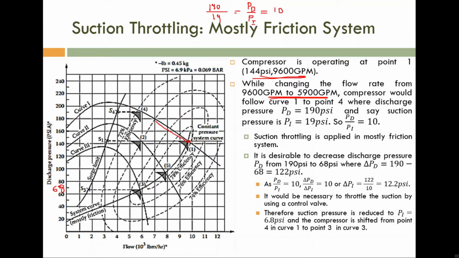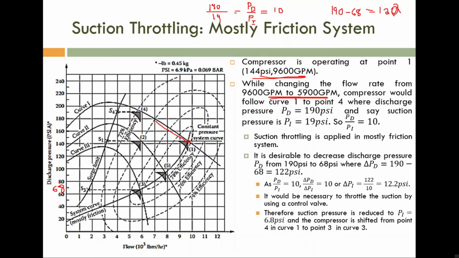So 190 minus 68 is a wastage, because we are providing that much energy. We want to reduce the pressure from 190 psi to 68 psi.